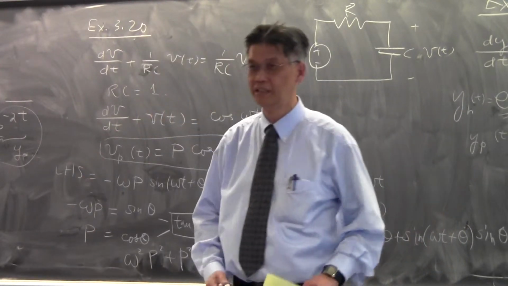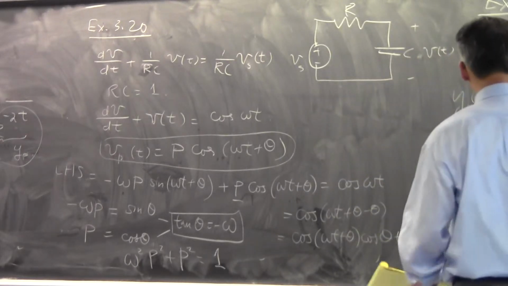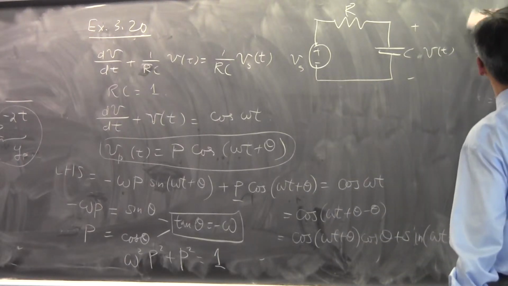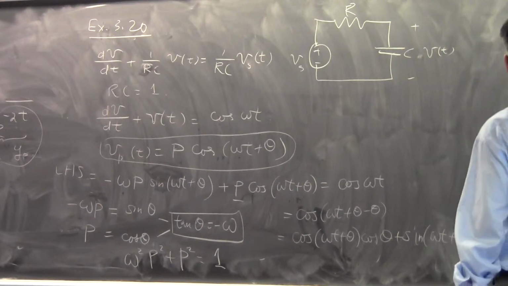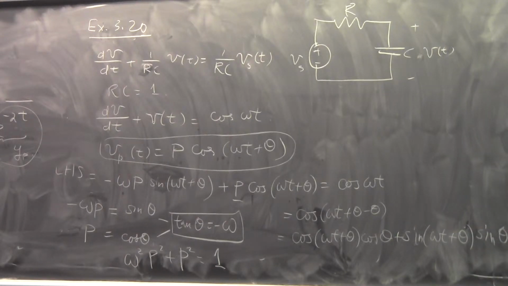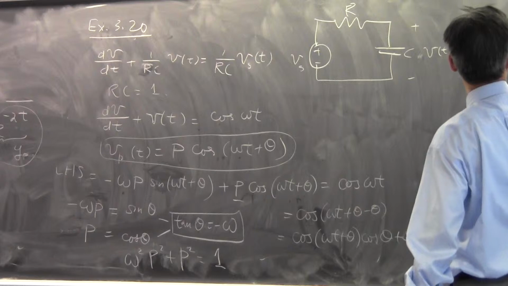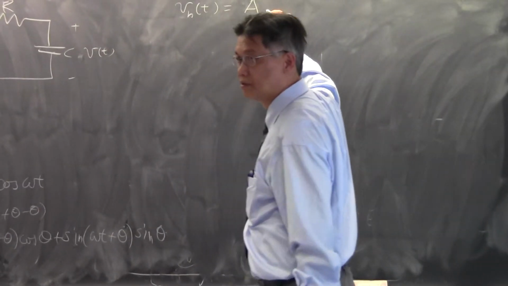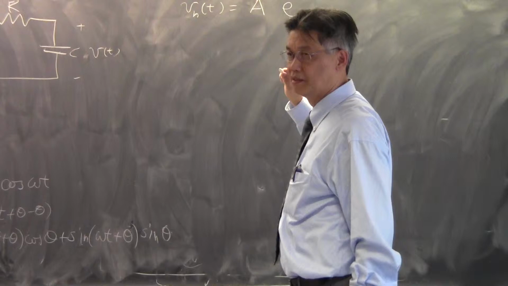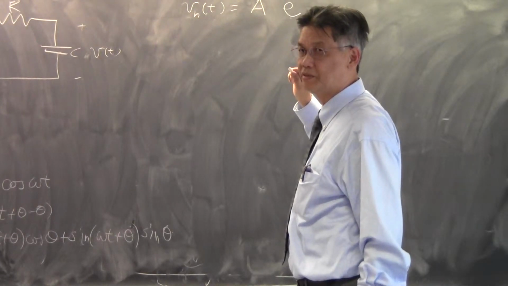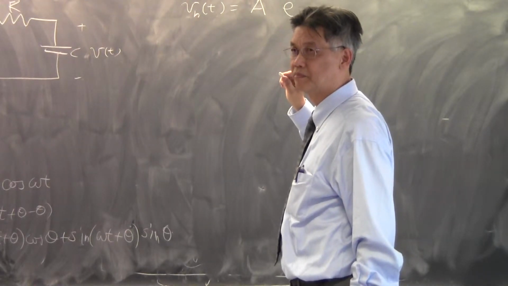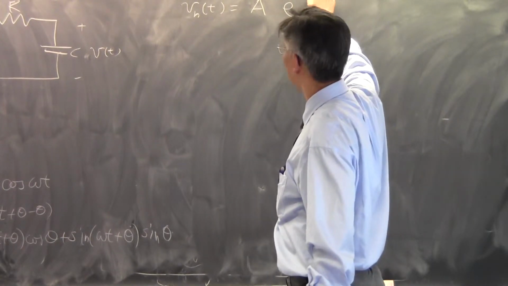Not completely solved. After having found the particular solution, I write down the general solution, which is the sum of the homogeneous solution plus the particular solution. The homogeneous solution must be a constant times e to the, what is a homogeneous solution to this problem? Negative t, right?